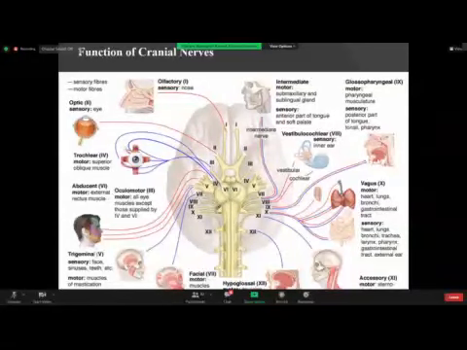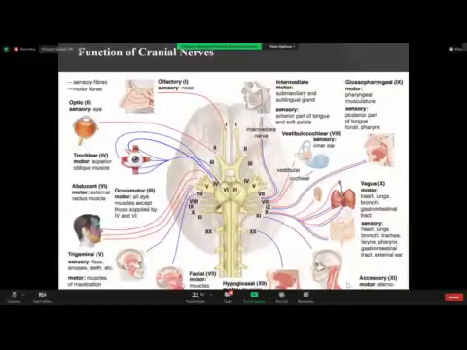Then you have the glossopharyngeal, which is involved in tongue movement. Vagus nerve, as I said, is a wanderer. It goes everywhere, okay? From your lungs, heart, to the trachea, larynx, pharynx, everywhere, okay, to your ears even.